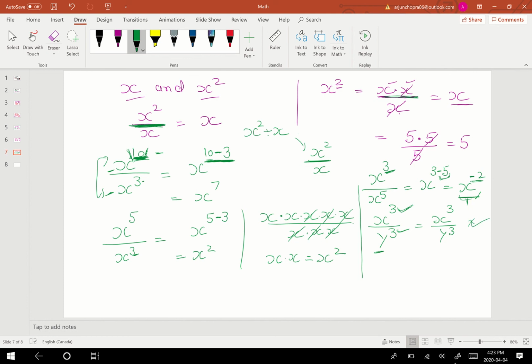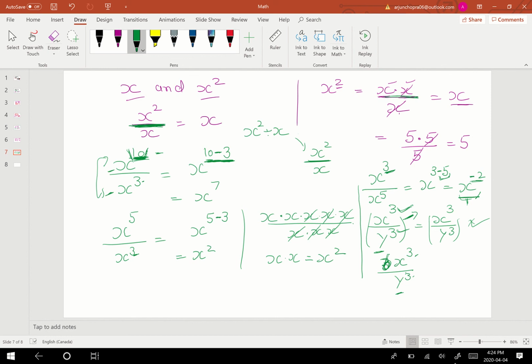And then if you have, let's keep it easy, 6x raised to the power 3 and y raised to the power 3. Again, the bases are not the same, but the exponents are the same, so the same rule applies. Can't do anything.